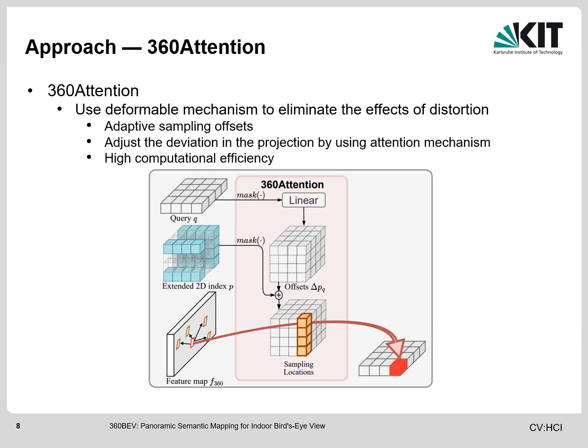Even after completing the projection with IRP, there are still some problems. The first is that there are some distortions in radial projection, and second, depth information has flaws, and this point-to-point form will cause some errors.